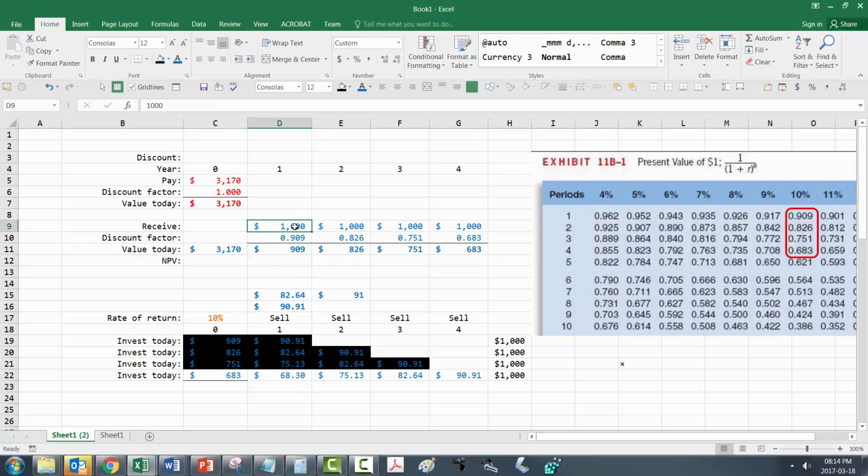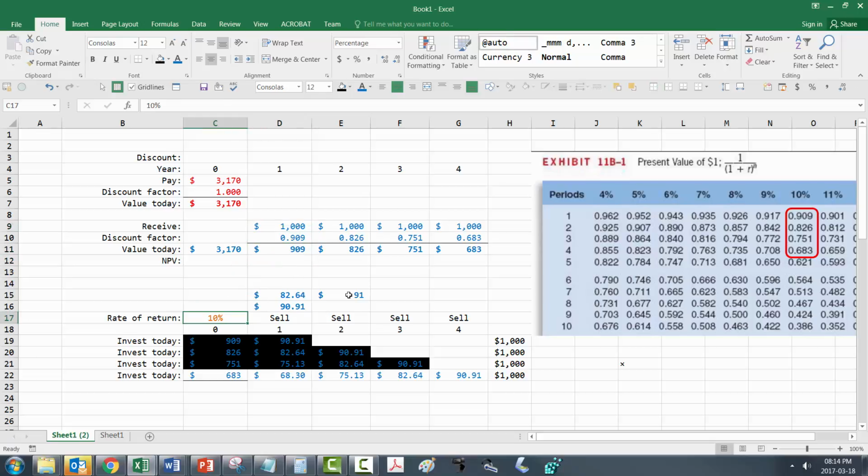Okay. So going back up to the top, what is $1,000 worth to me if I receive $1,000 1 year in the future? What is this amount worth to me today? The amount it's worth to me today depends on what I could do with the money today at a rate of return of 10% that will generate that $1,000.